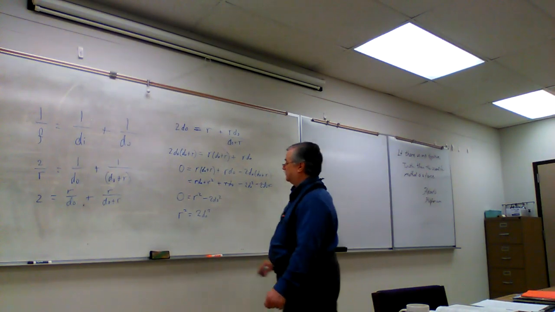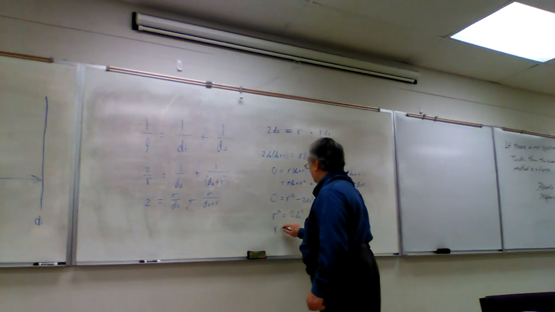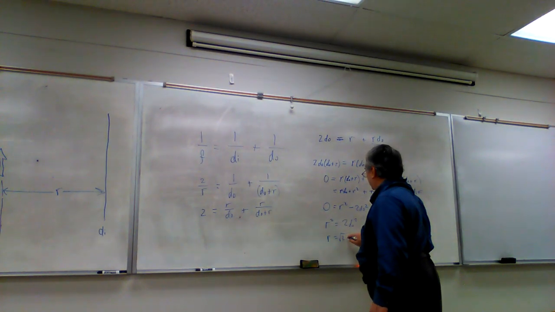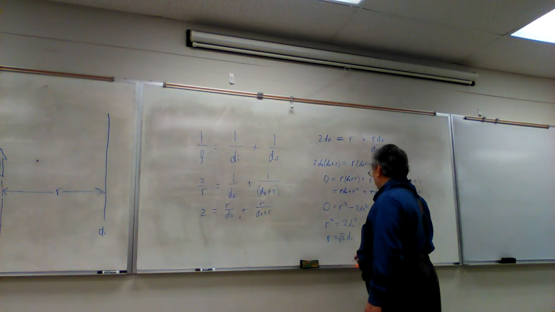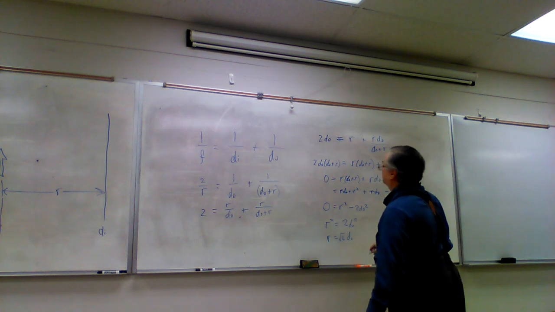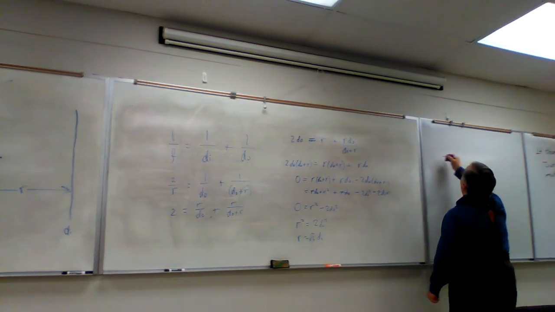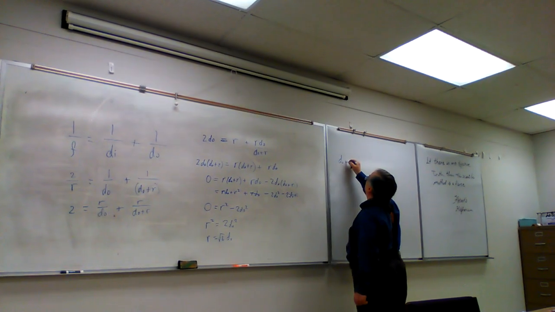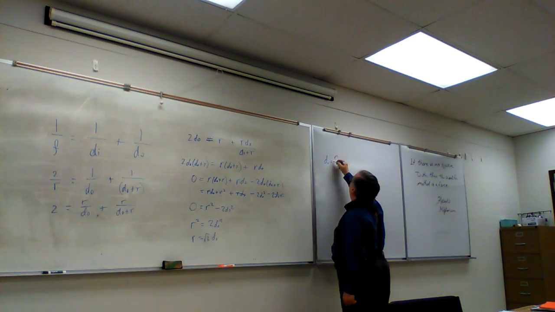Take the square root of both sides, and we get d sub O is equal to r divided by the square root of 2.